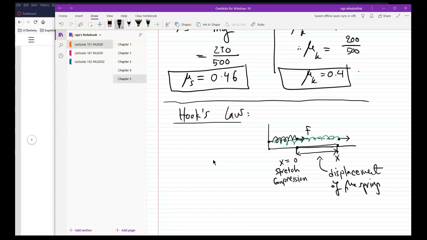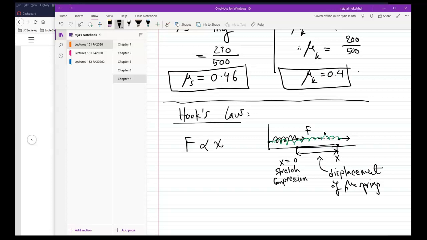And it turned out that the force that I'm using to stretch it, when I hold it with my fingers and pull it, is proportional to the displacement, which kind of makes sense. The more you stretch it, the more displacement you get. Even for compression, the more you compress the spring, the more displacement you get in the negative direction.